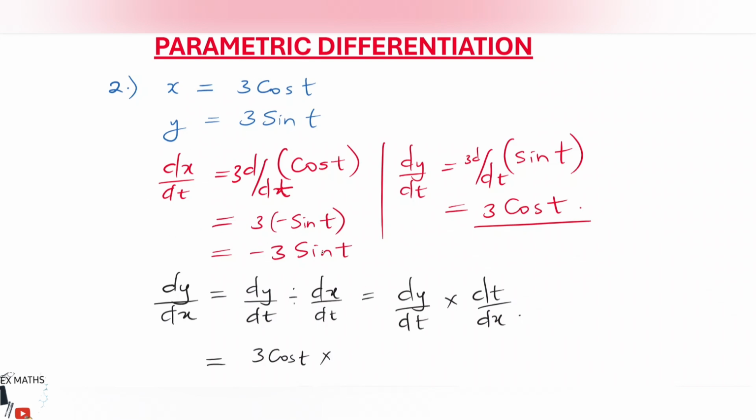This is dx/dt, but now it is going to swap, so that will be 1 over negative 3 sin t. 3 and 3 cancel, and our final answer will be negative cos t over sin t. You can simplify it further: negative cos t over sin t is equivalent to negative cot t.